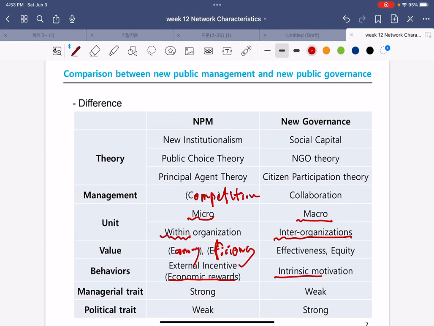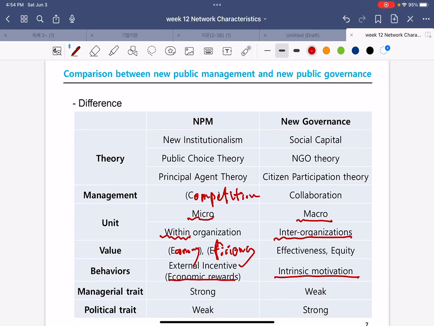But in the new governance, voluntary motivation, internal intrinsic motivation, is important. Citizens voluntarily participate in the participatory mechanisms, right? Nobody forces citizens to participate in the citizen participation programs. They participate voluntarily.